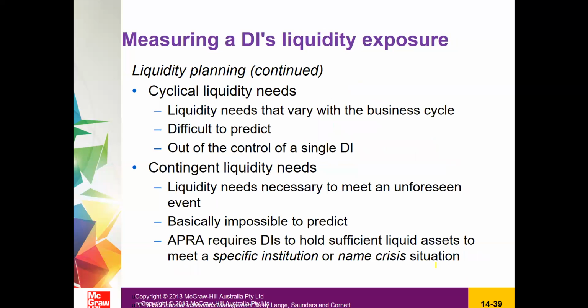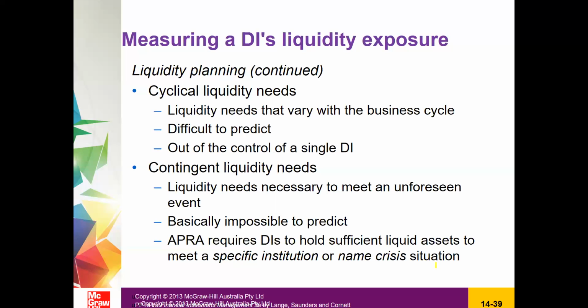Cyclical needs, on the other hand, is the liquidity needs that vary with the business cycle. For example, in boom economic conditions, depository institutions have high liquidity needs as loan demand grows rapidly and deposits decline as consumers spend more and save less. By contrast, during recessions, deposits tend to grow and loan demand shrinks.